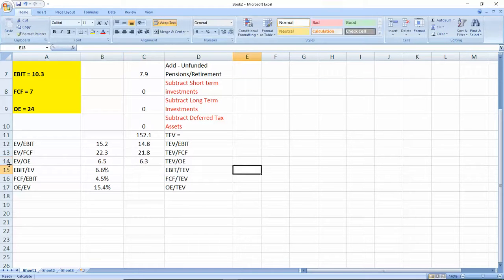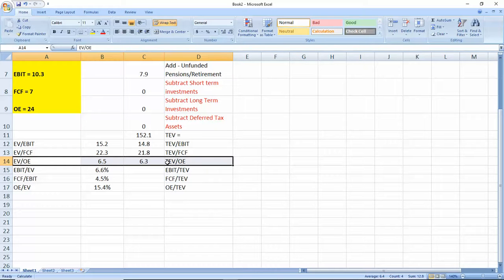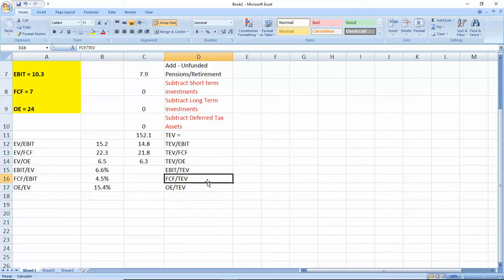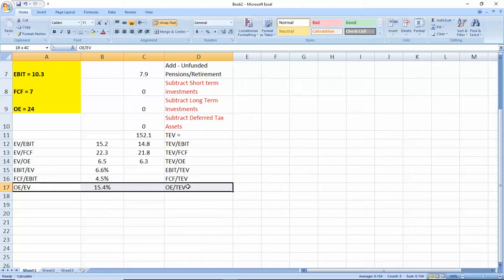Again, same thing here. The only metric on this preliminary basis that will meet my criteria will be this one.